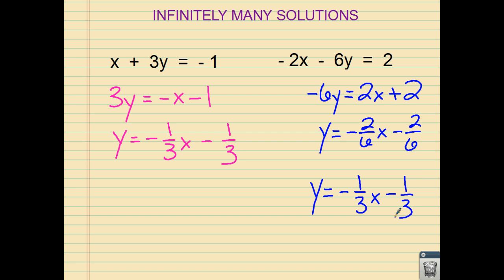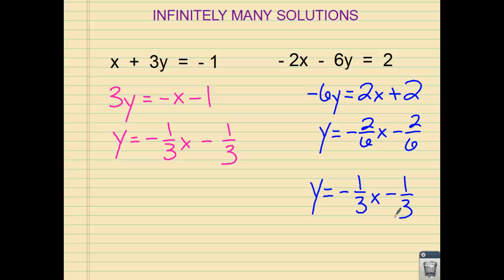Okay, that was very robotic. You guys are machines when it comes to solving these function forms and putting them into slope-intercept form. And I took it all the way down to a reduced look. And what do you notice about the slopes and the y-intercepts of these two equations?